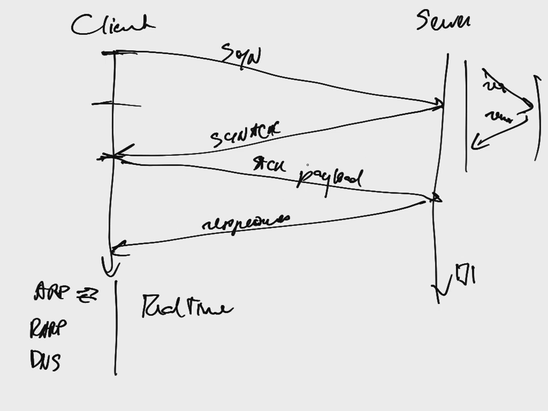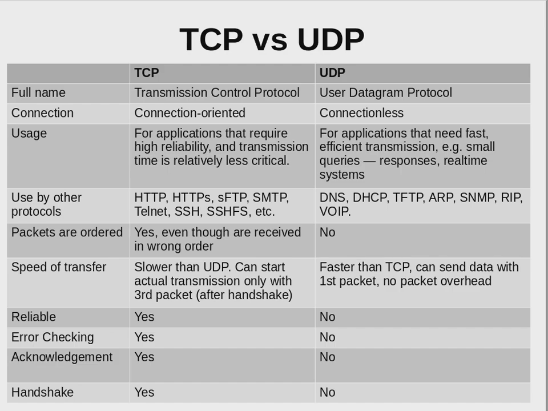So you just drop these packets, you see some cracks in the sound, you see some glitches in your video, but it just continues. And therefore, for small request-response protocols like DNS, DHCP, ARP, RARP, SNMP, and voice over IP, which is a real-time protocol, you just send packets and receive them without confirmation.